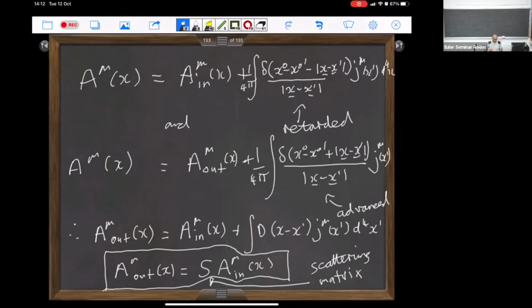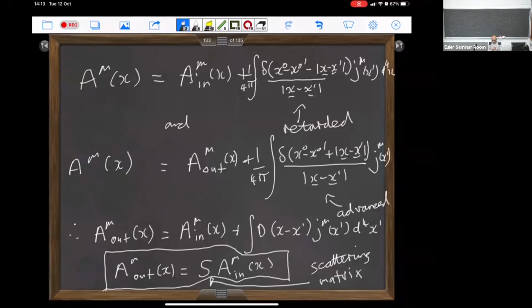Eventually in the quantum theory we'll have an actual Hilbert space of states, so a state will be labeled by a vector. The out states are given by some matrix multiplied by the in states, and that matrix is usually called the S matrix, or scattering matrix, of the theory.